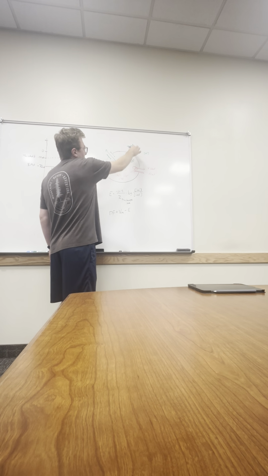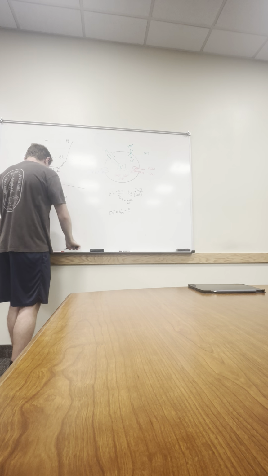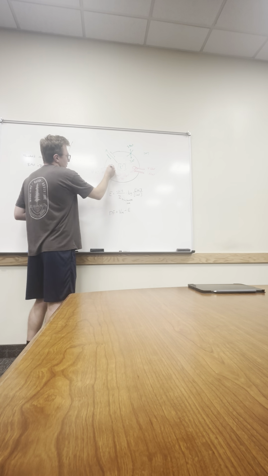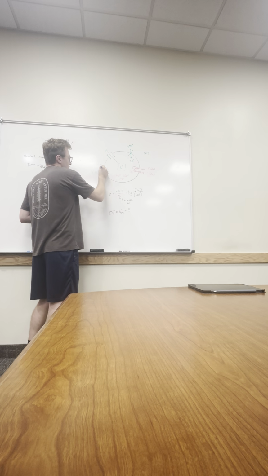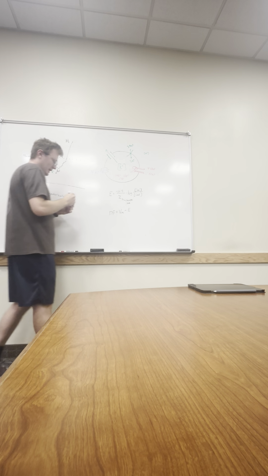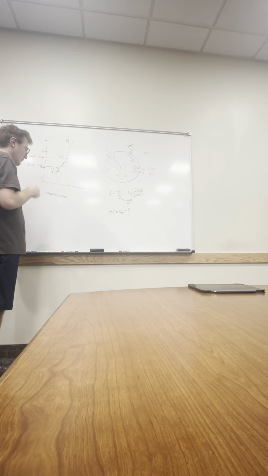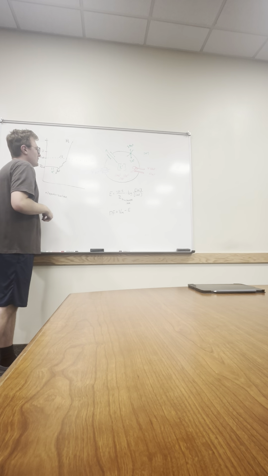My bad, I drew that the wrong way. Sorry, forgive me. The potassium is going to flood out of the cell because we still have that high concentration of potassium in the cell. It floods out of the cell, and as we lose positive charges rapidly, we're going back down towards a negative charge.